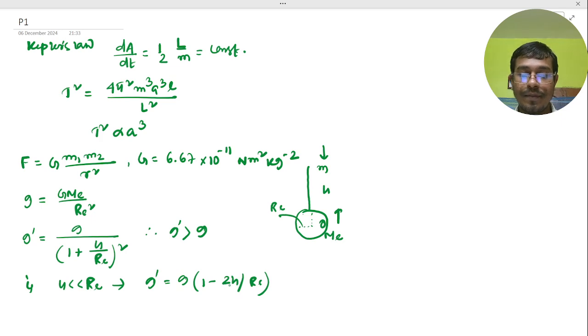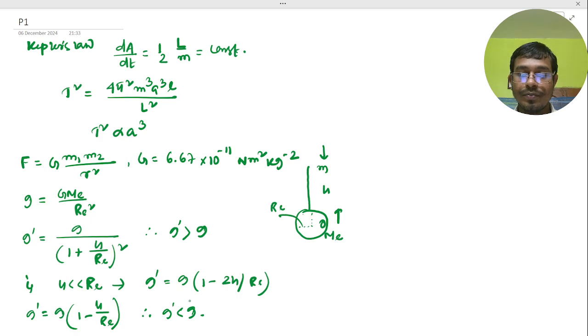Another one: if one goes a distance h inside the earth, this was the outside, and for the inside of the earth the result is g' equals g (1 minus h by Re). So g' is less than g. Its value is maximum at the surface of the earth and decreases with increase in height as well as depth.